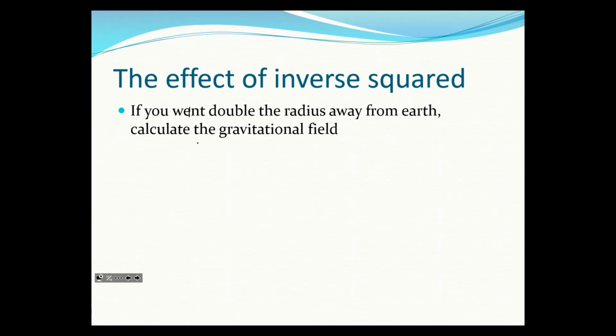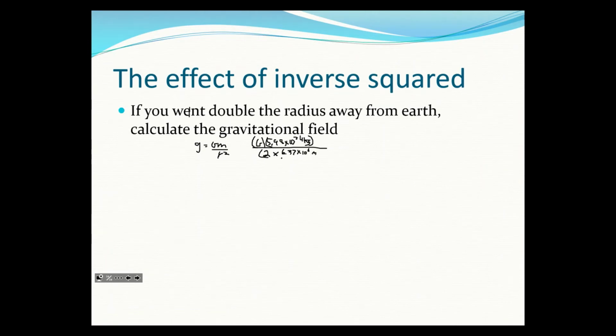Well, if we use g equals GM all over r squared, and we just did g, we did the mass of the Earth, which is 5.98 times 10 to the 24 kilograms. And we want to go double the radius, so we'll go double the 6.37 times 10 to the 6 meters.